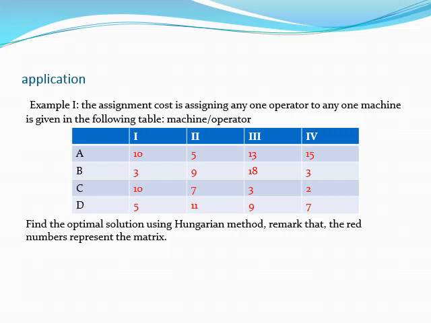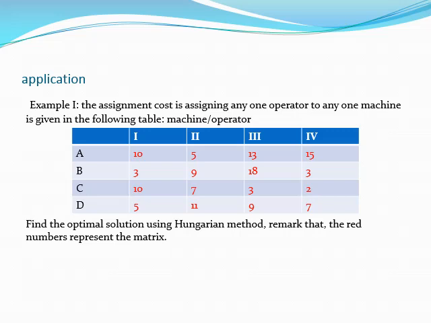Subtraction or row subtraction, then column subtraction, then draw the lines which will cover the rows or columns containing a minimum number of zeros.